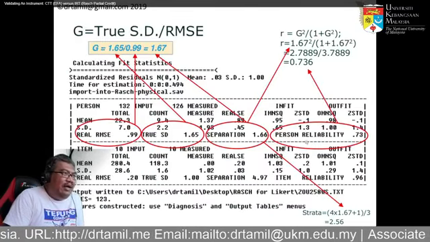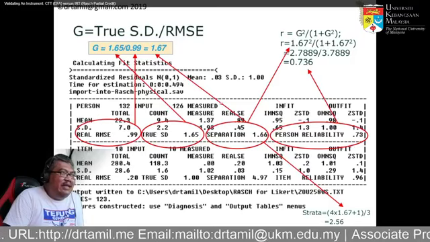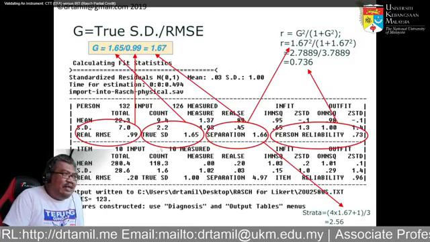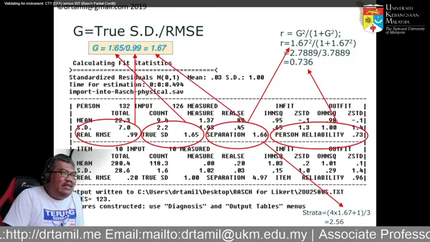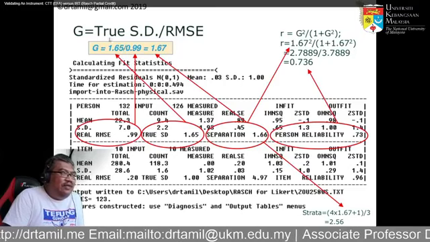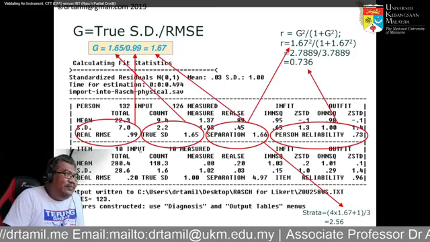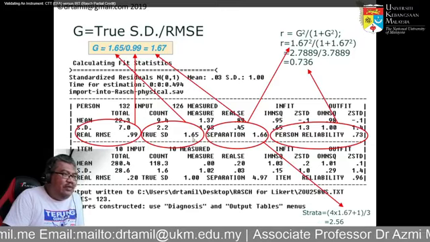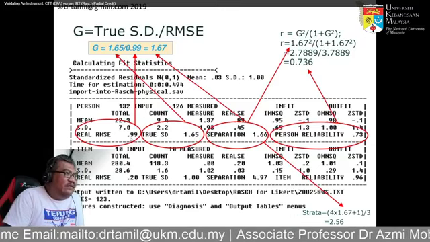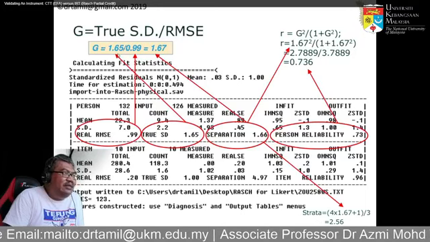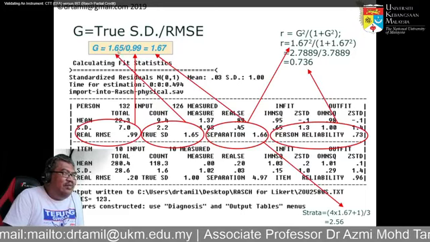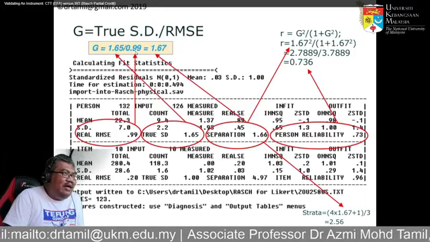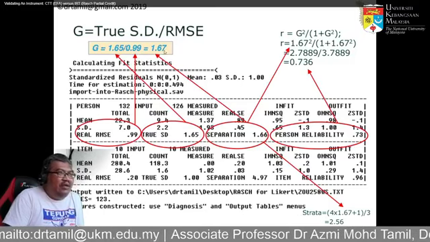Here I show you how it is done. First, you have to generate the G. How do you generate G? You look at the true SD, here 1.65, divided by the RMSE, and you get 1.67.